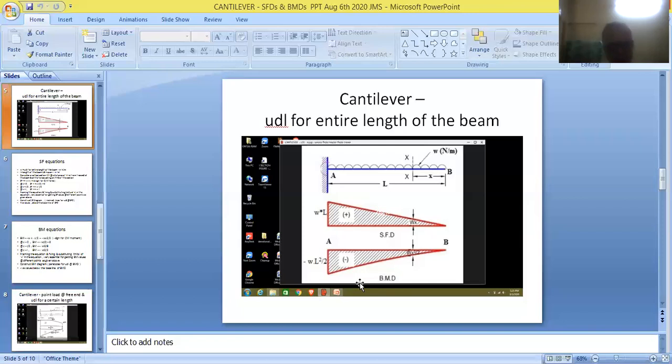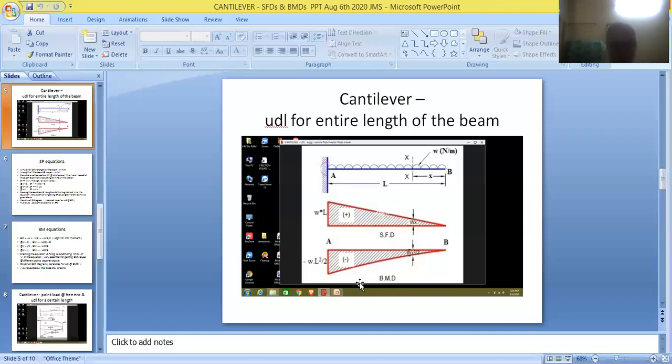Firstly, we have prepared SF and BM diagrams for a point load acting on the cantilever at the free end of the cantilever. Secondly, we have prepared SF and BM diagrams for a UDL acting on the cantilever, a UDL acting for the entire length of the cantilever.